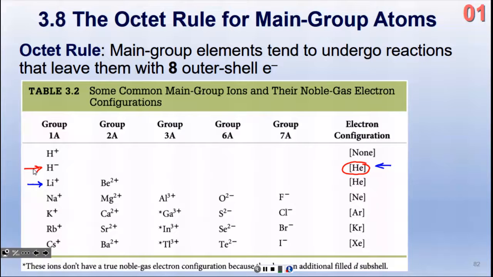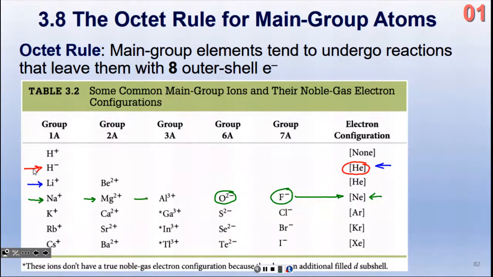Then if you take an electron away, 1 from sodium and 2 from magnesium, those both end up with the same electron configuration as neon. And if you add electrons to oxygen and fluorine, that is the same as neon. So they're going to gain and lose electrons to end up with 8 outer shell electrons.